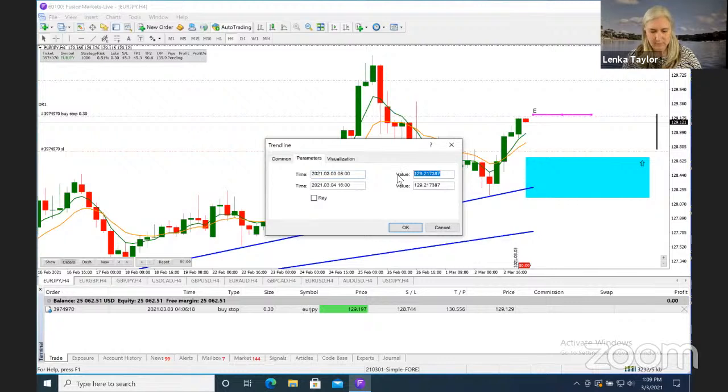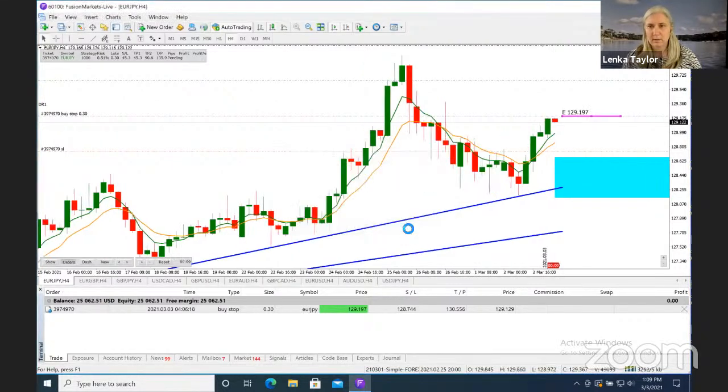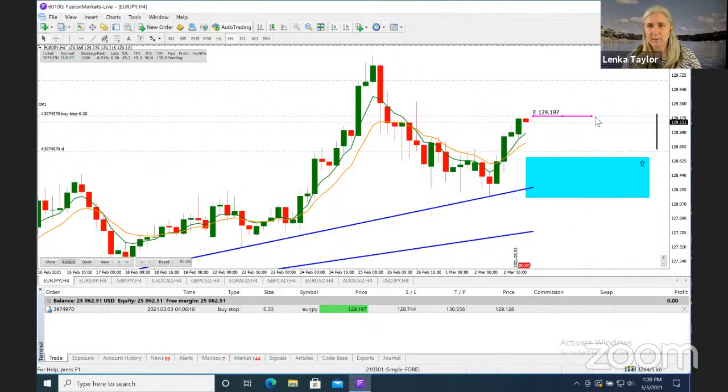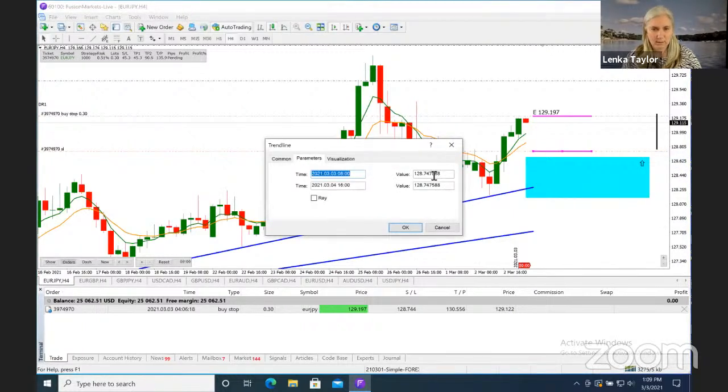So I'll put that there. Okay, so that's that one. And then the stop loss is here at 108.744.